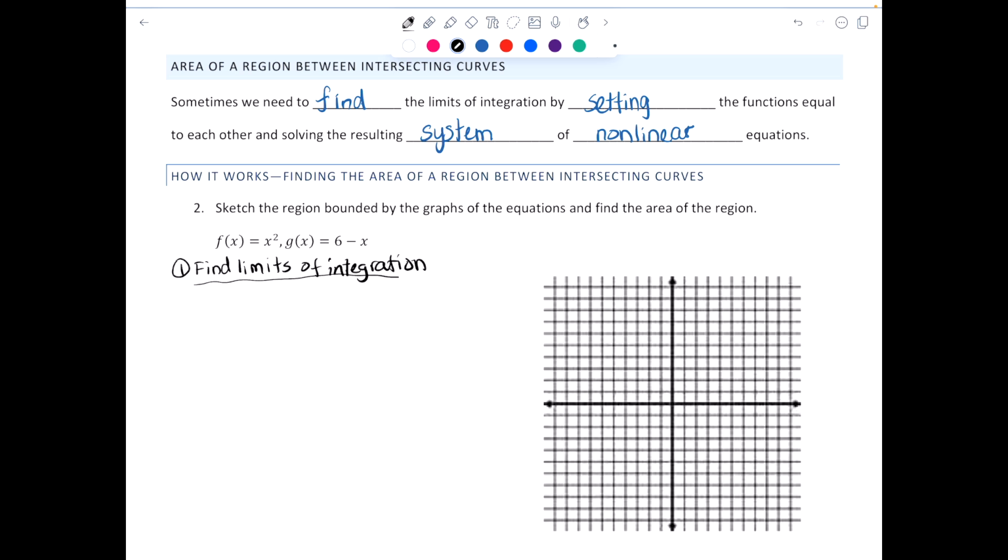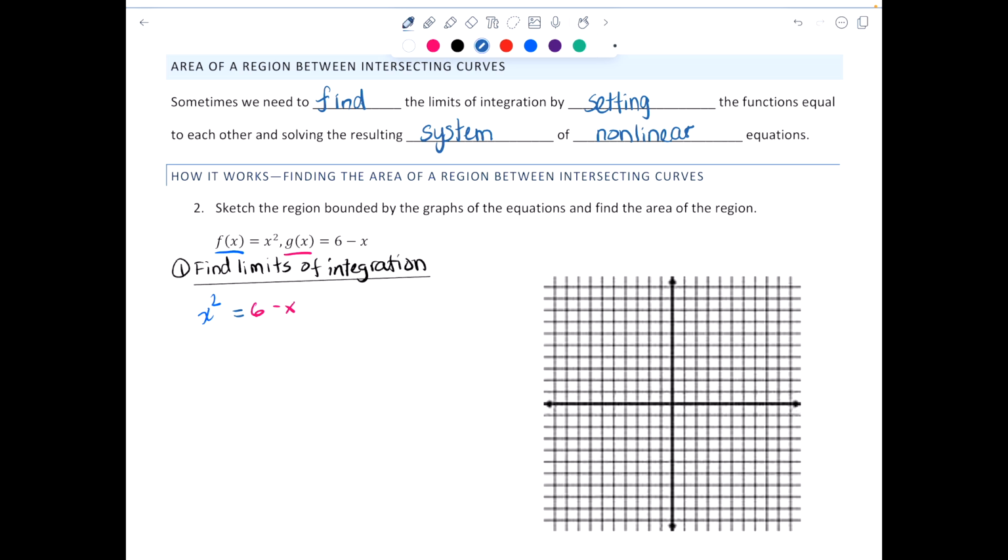So to find the limits of integration, we're going to set f, so we'll stick with those same colors, and we're going to set f equal to g, and then solve. So f is equal to x squared, right? And then g is equal to 6 minus x.